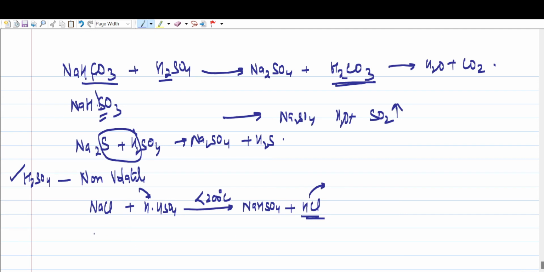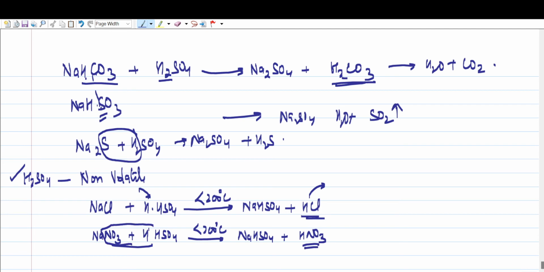Okay, like if you take NaNO3 and treat this with H2SO4, temperature is below 200 degrees centigrade, you will get NaHSO4 plus HNO3, so you get nitric acid. Okay, since you are getting nitric acid and hydrochloric, this proves that sulfuric acid is a non-volatile acid.